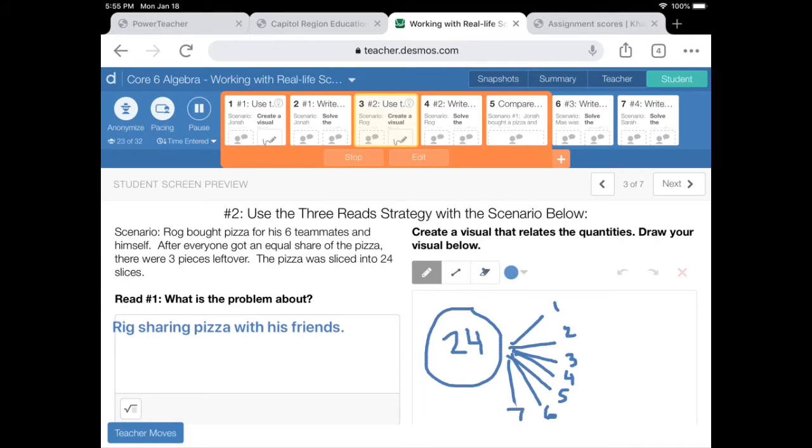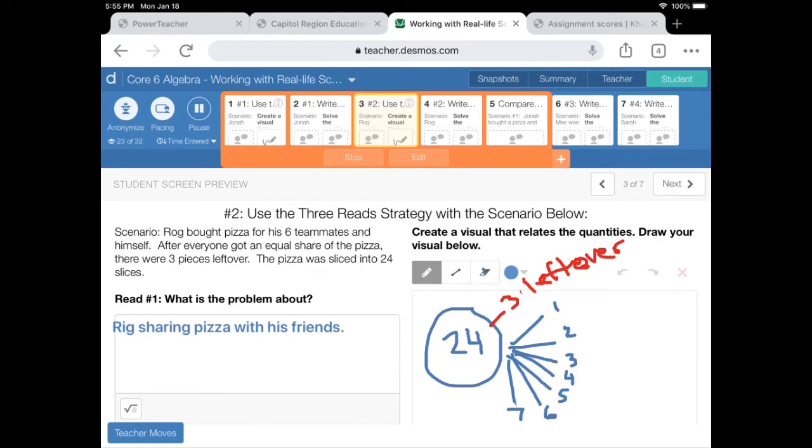So I'm going to do that in a different color. That's terrible writing. So if I'm thinking about that, it's a little bit different because they're not going evenly, because there's 3 pieces left over.